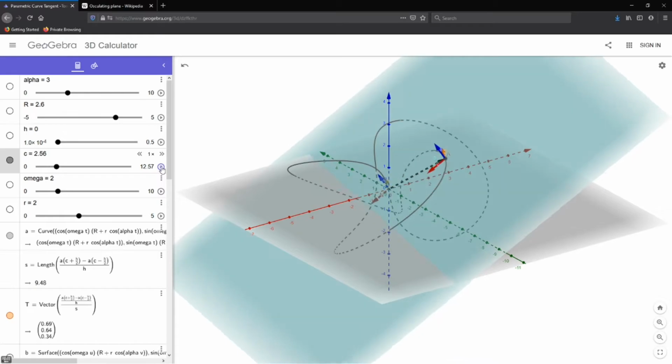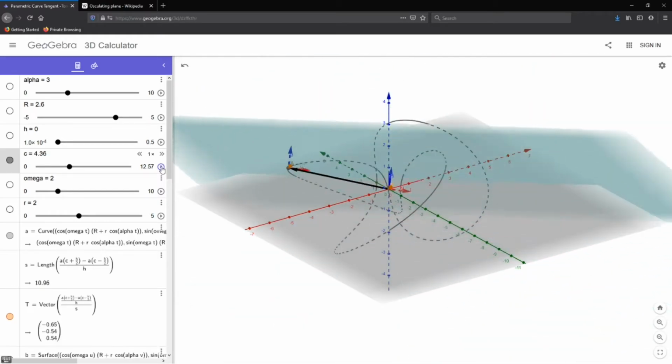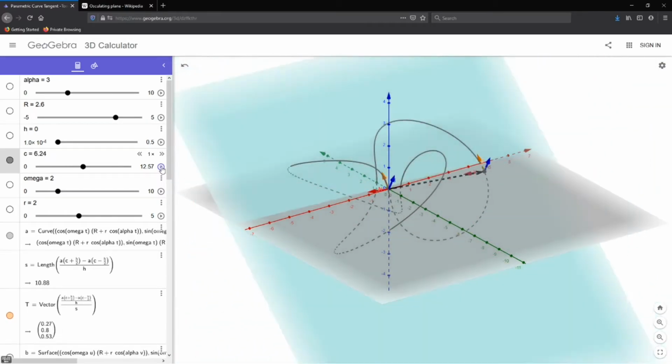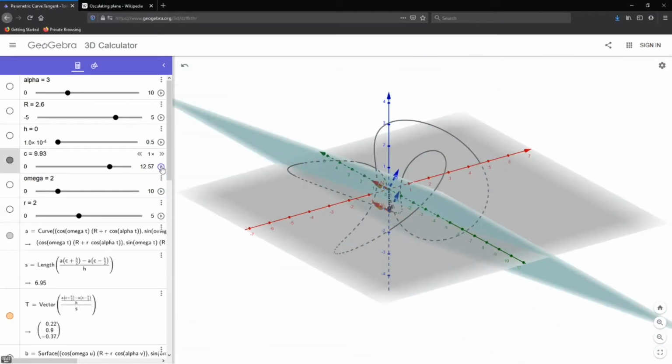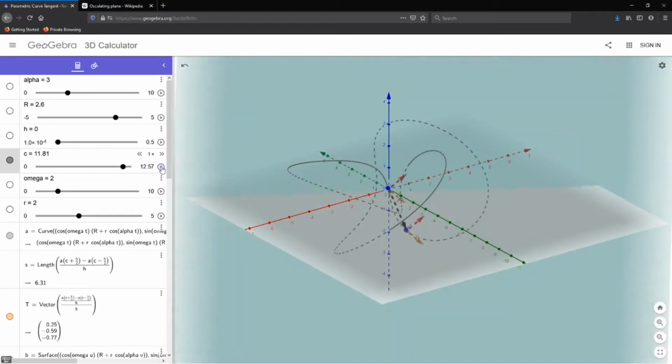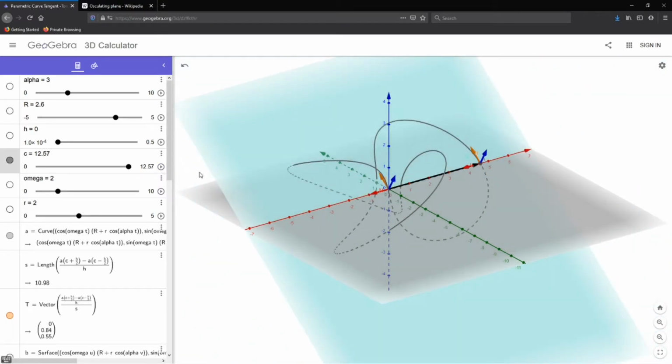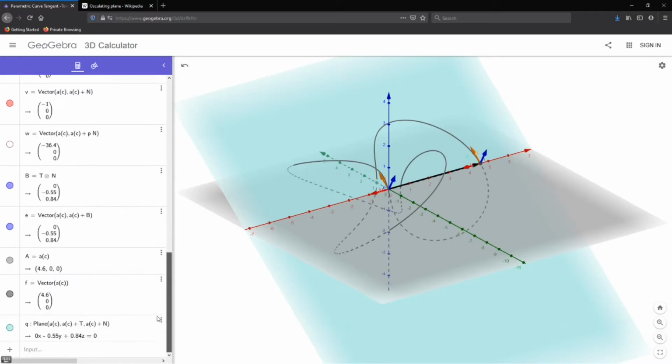So you see the osculating plane, the plane that goes along the normal vector and the tangent vector, oscillates as you move around this curve. This is a very cool diagram.